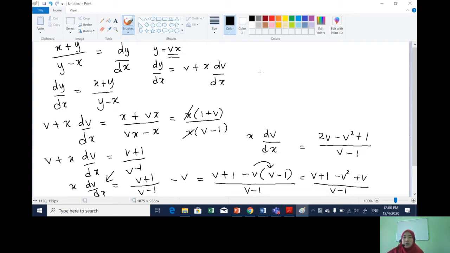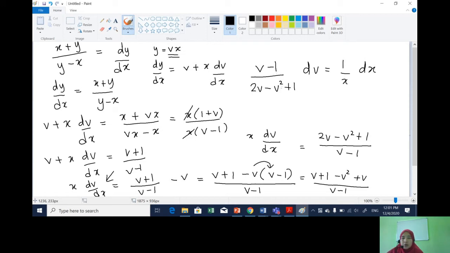At this part, we need to sort first. v goes to dv, x goes to dx. So this x must be brought to the right hand side, and everything on the left hand side, because they are in terms of v, is brought to the left hand side. So we have this form: v minus 1 over 2v minus v squared plus 1 dv equal to 1 over x dx.